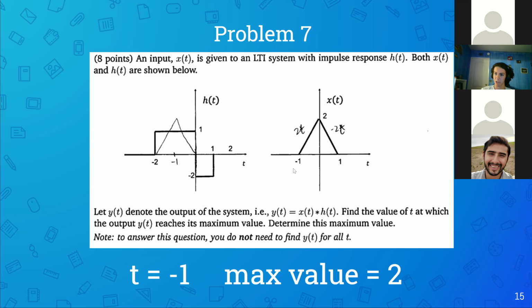So this is where you can think about more what exactly convolution is doing. Convolution is an operation that takes the area, it multiplies these two functions onto each other and takes that area at every point, right?